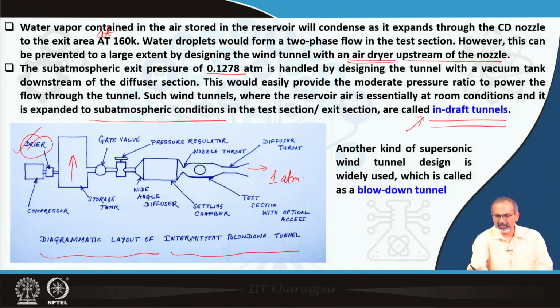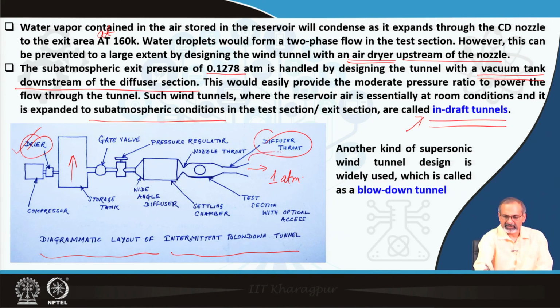In-draft tunnels will definitely need subatmospheric conditions to be created at the exit, and therefore, a vacuum tank downstream of the diffuser section. That is important. So, the diffuser section is this that we are talking about.